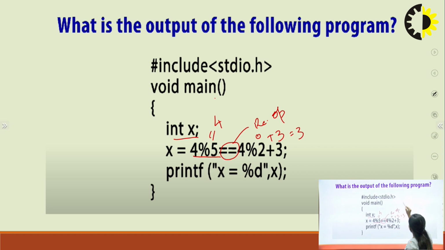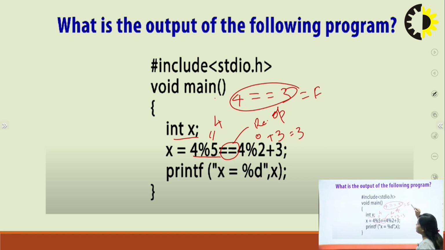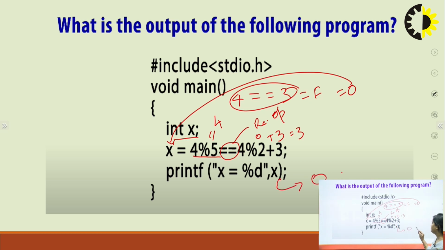So, is 4 equal to 3? Yes or no? No. Then the answer of this will be false. And what does false give? 0. Now 0 is going to be stored in x. Now printf prints the value of x, and what will x print? 0. That is the output. Clear?